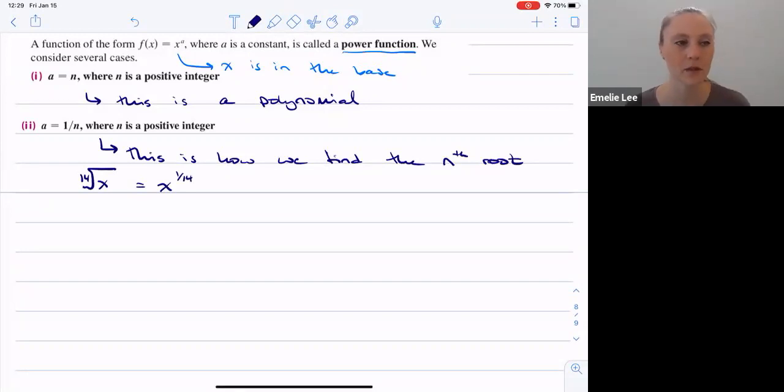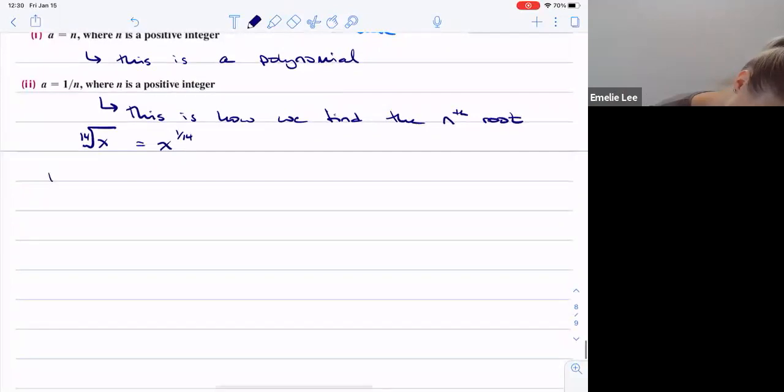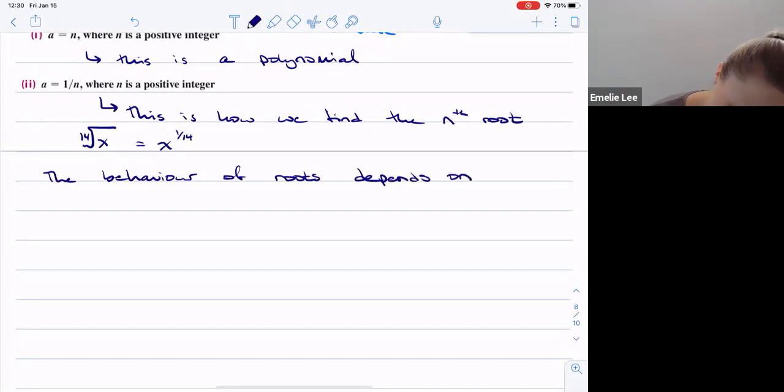Okay. And the behavior of the roots, it all depends on if it's even or odd, just like for the polynomials. So the behavior of roots depends on whether the root is even or odd.